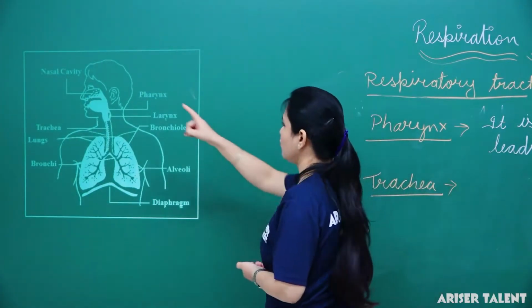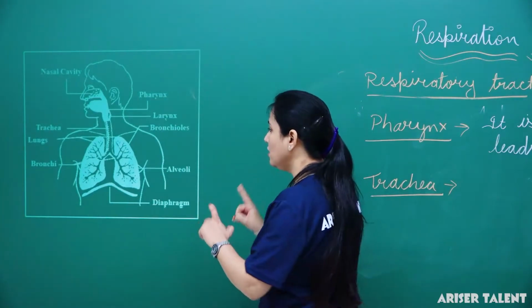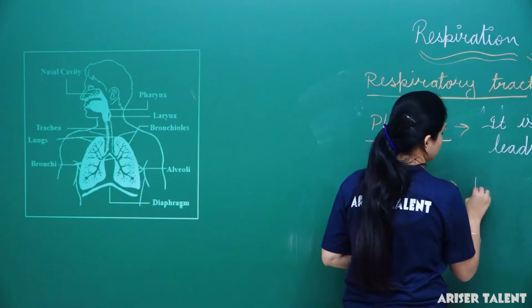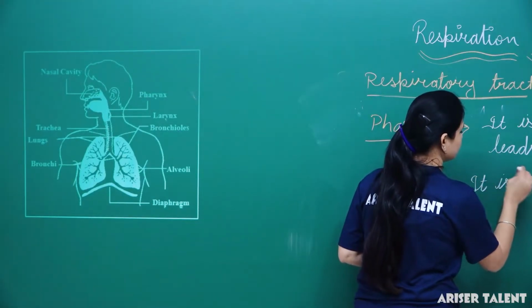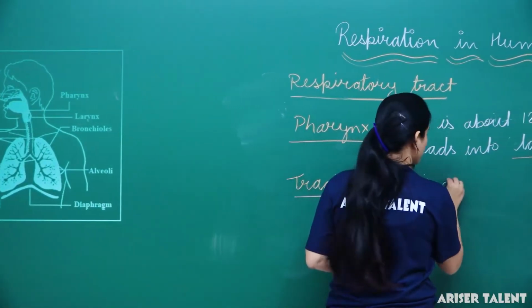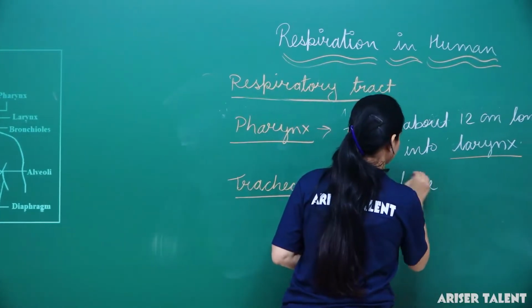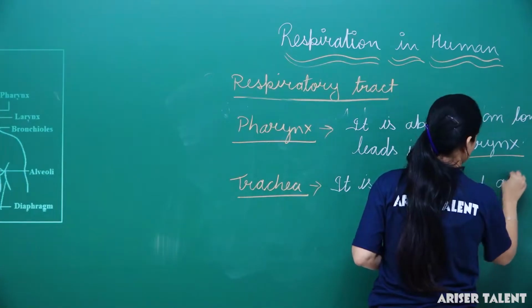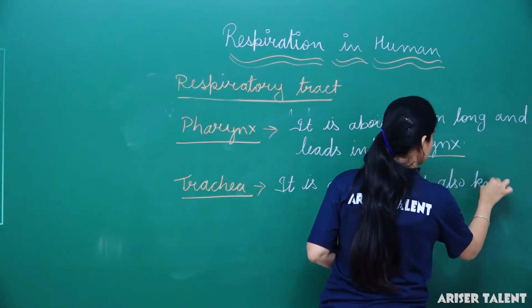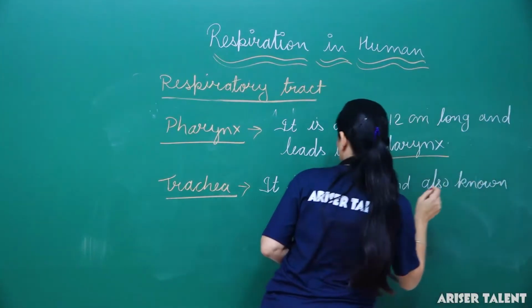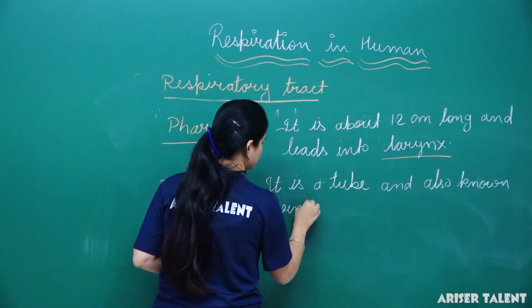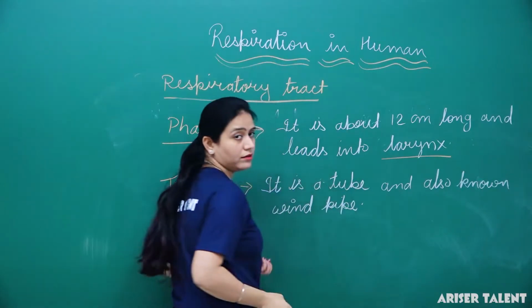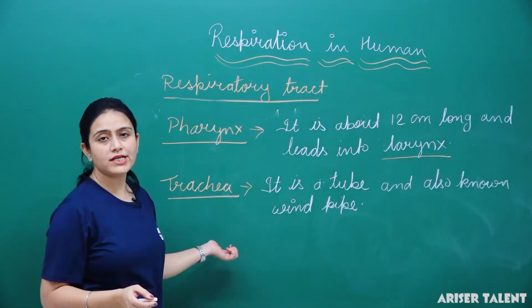Here we can see the trachea is a tubular structure, a tube also known as the windpipe.